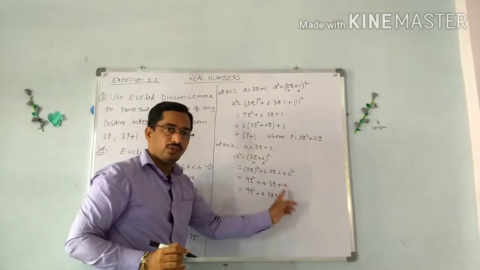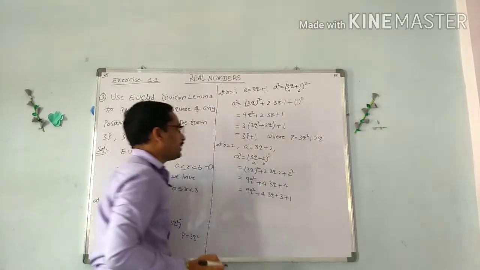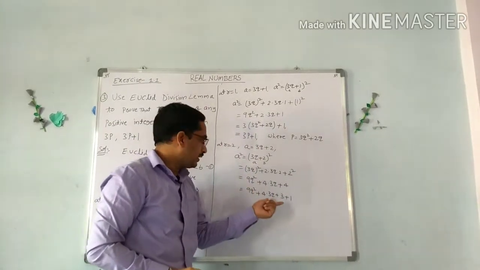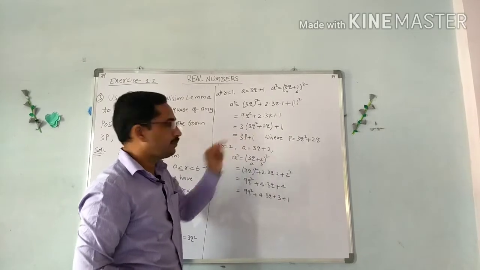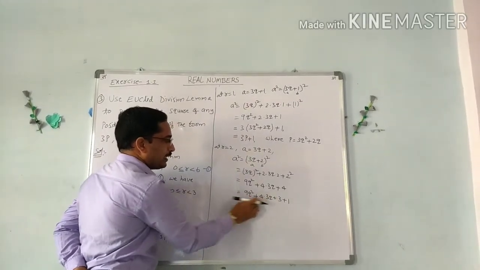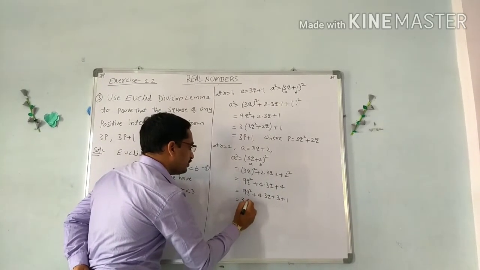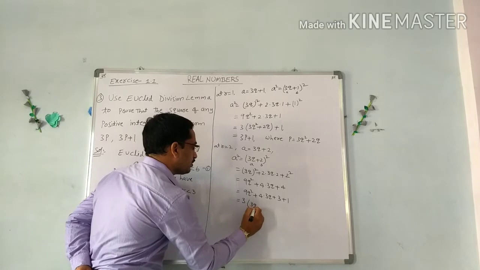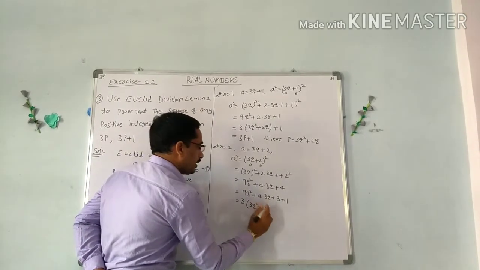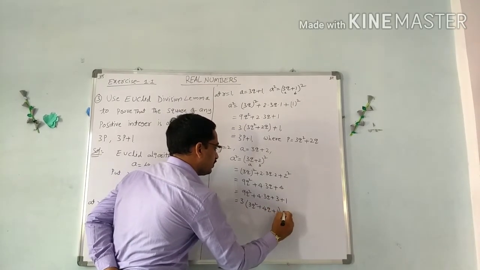Now I am writing 4 as 3 plus 1, because we have to represent it in the form of 3p, and this makes it easy. From the 3 terms, take 3 common: 3q square, 4q, plus 3 common 1 plus 1.